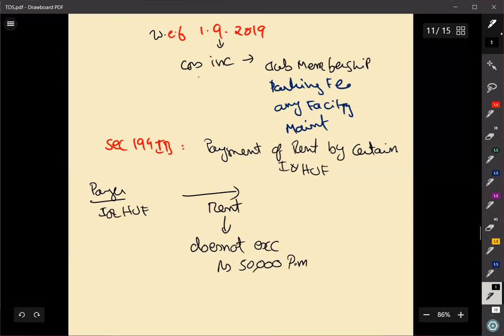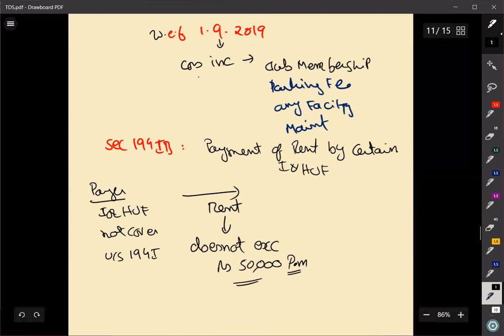It's not per annum. 194IB says an individual or HUF not covered under section 194I. Who are not covered under 194I?